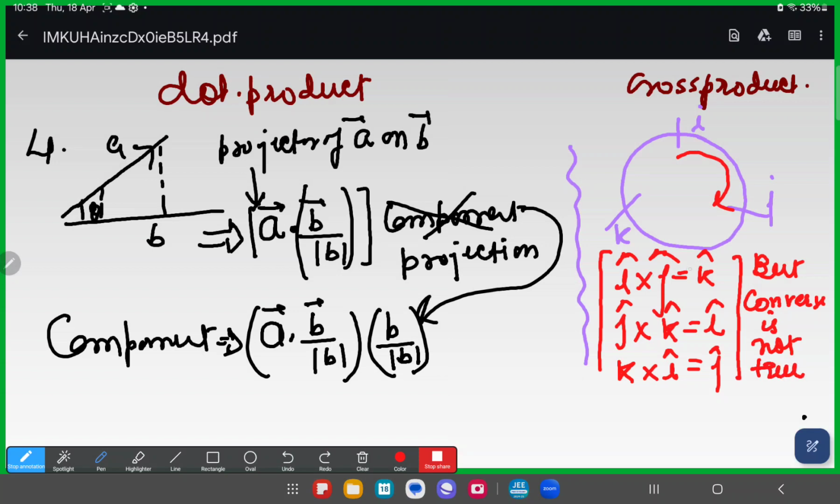Converse means if we change, J cross I will not be K but it will be equal to minus K. This is called converse. If we swap the position, the vector will be changed by 180 degrees. Fine.